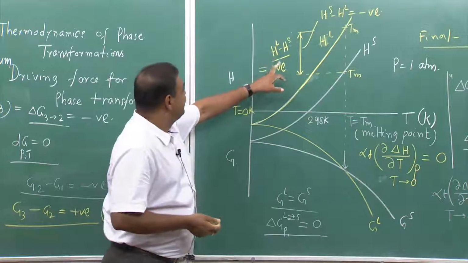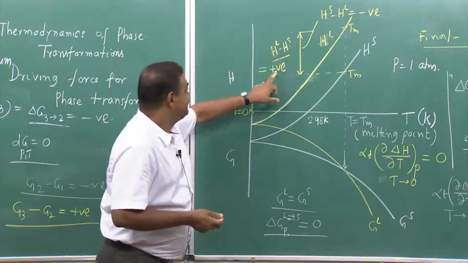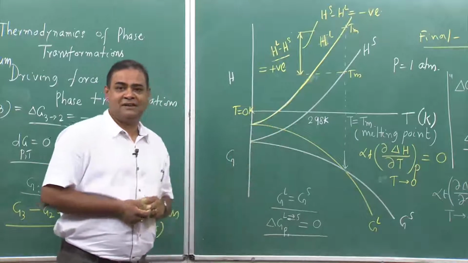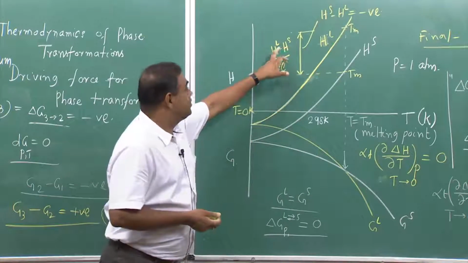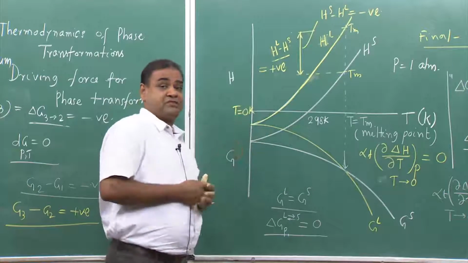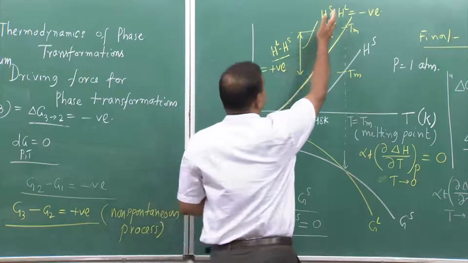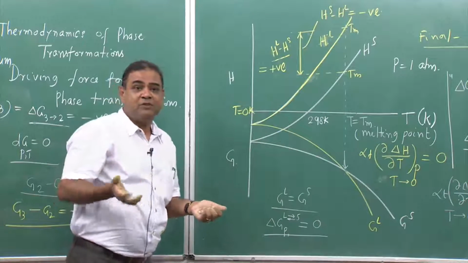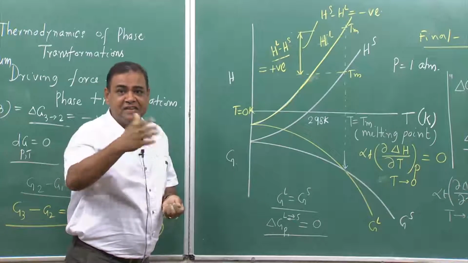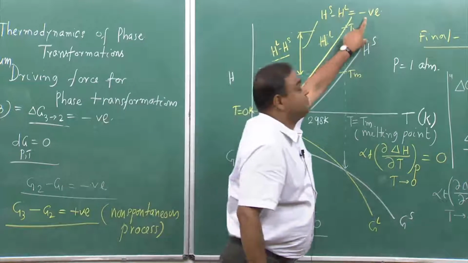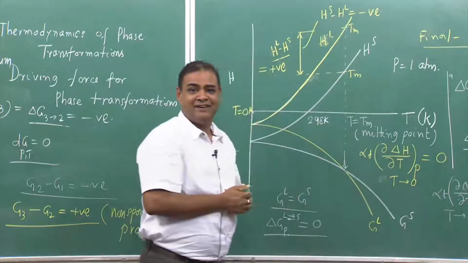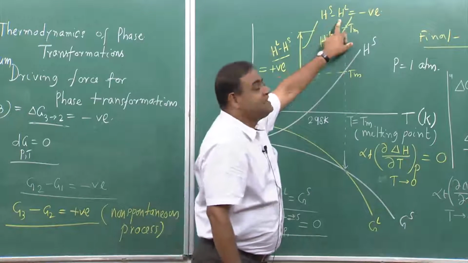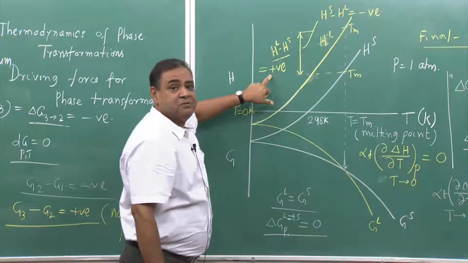Now, you see solid going to liquid, the value becomes positive, that means the solid has to absorb heat, and then it can go to liquid at that particular temperature. But if I try to find whether solid forms from liquid, then it is an exothermic process, because it has to release heat. You see there is a negative quantity, it releases heat. So, again the convention is right, fine. So, this is my exothermic process, this is my endothermic process.